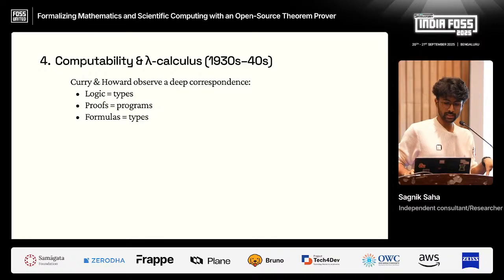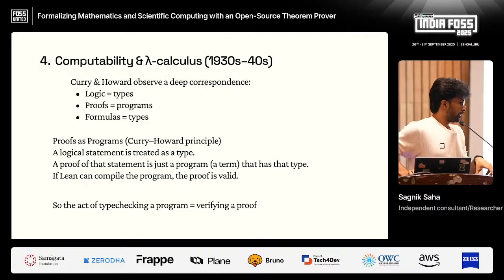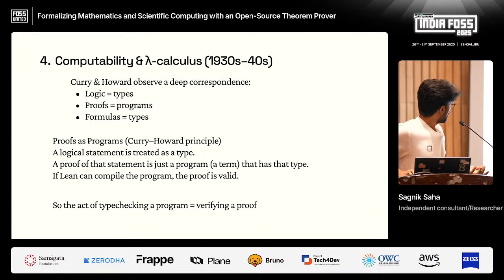So the entire path is slowly going towards using mathematical logic very similar to how programming logic works. After that, we could treat proofs as programs and a logical statement as a type. So ultimately, a proof of a statement is just a program that has a type.